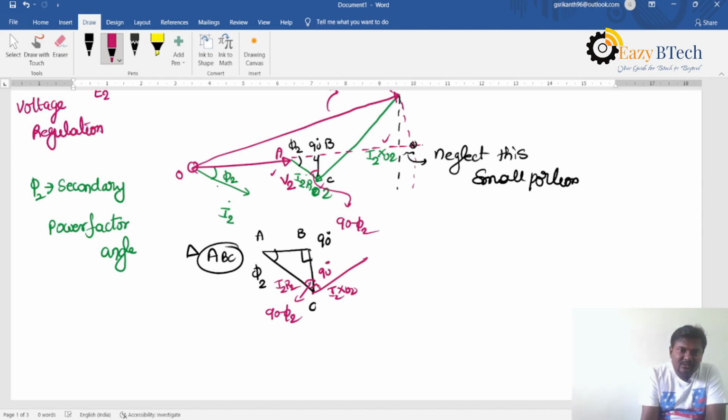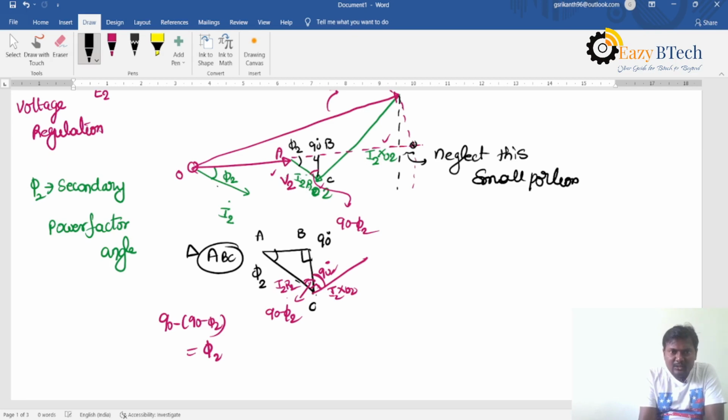Adding these, you will get 90 degrees. So from this total 90, if you subtract 90 minus phi 2, that is, 90 minus of 90 minus phi 2, then I get the phi 2 value. Once again, it's a very important concept.